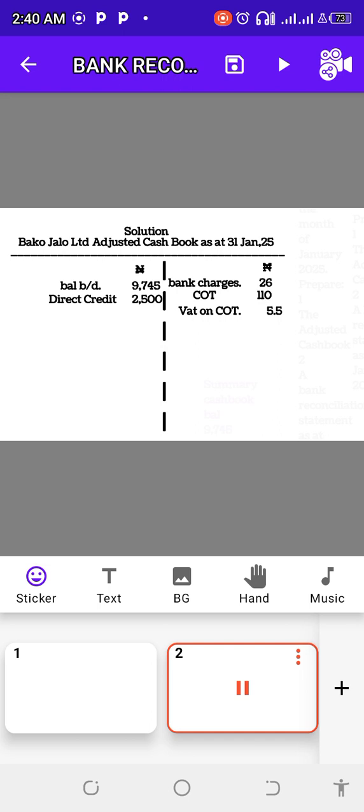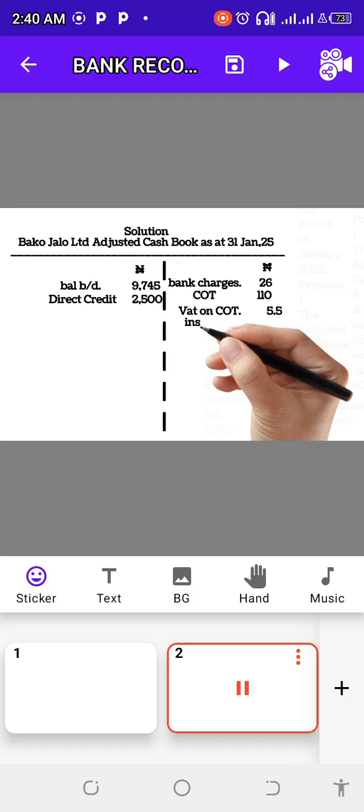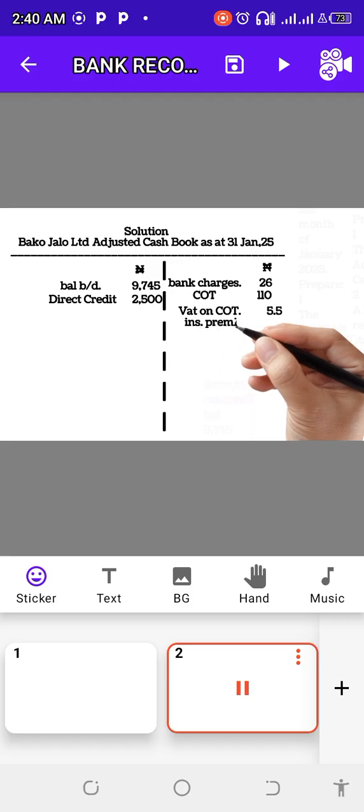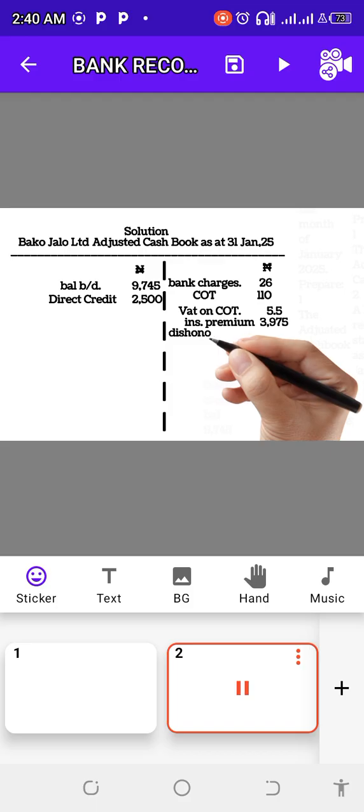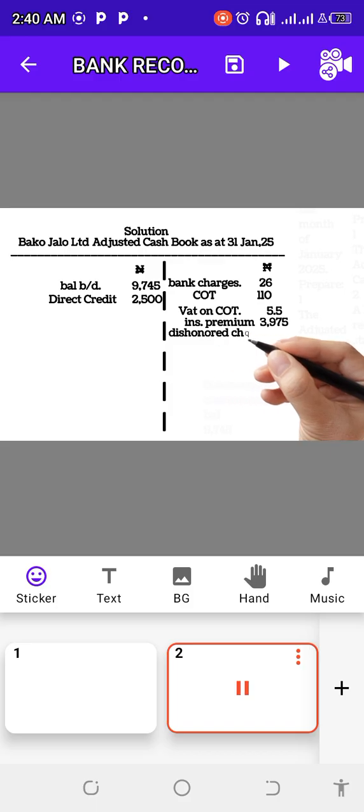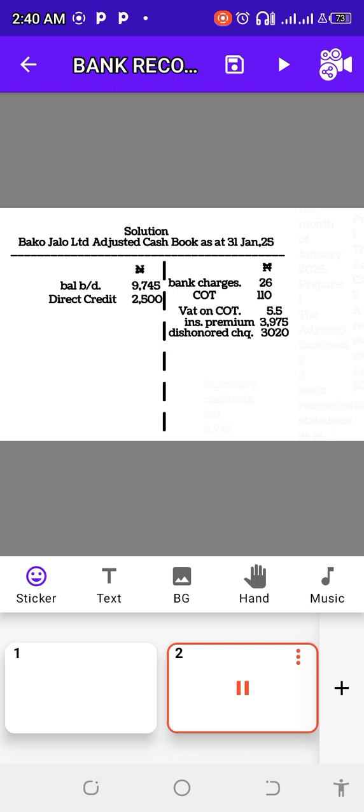Now, at this point, we are going to take the sum of the debit side, which is 9,745 plus 2,500, and that will give you 12,250. 12,250 minus all the items on the credit side, including the insurance premium and the dishonored cheque item.